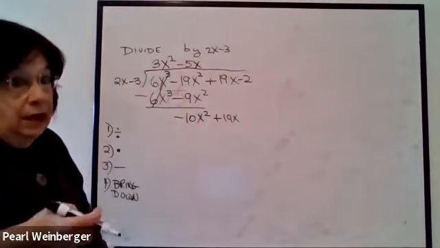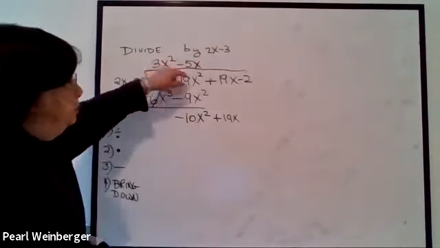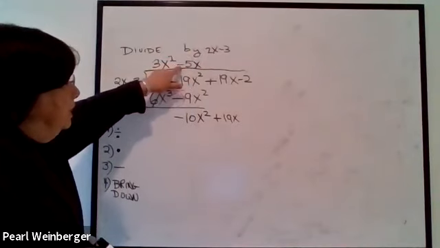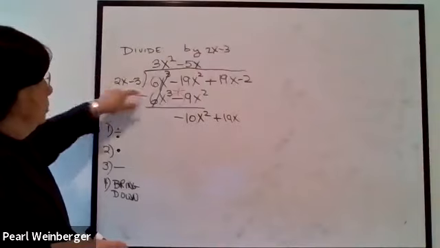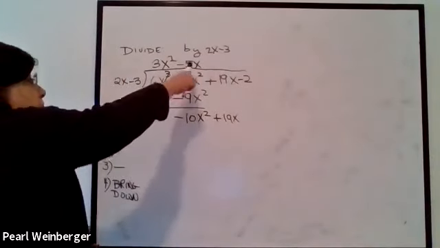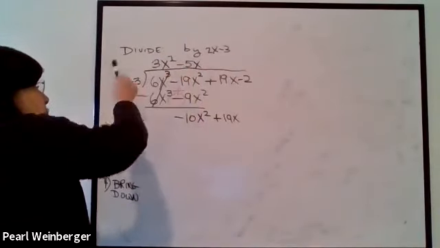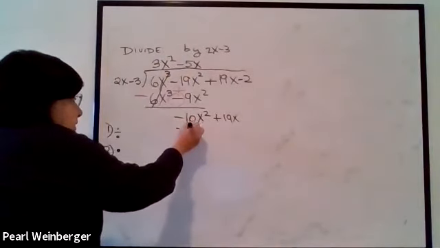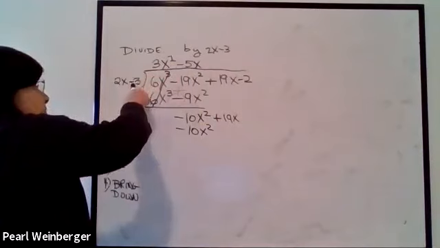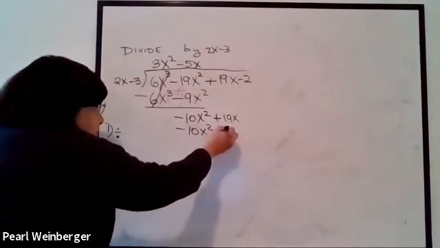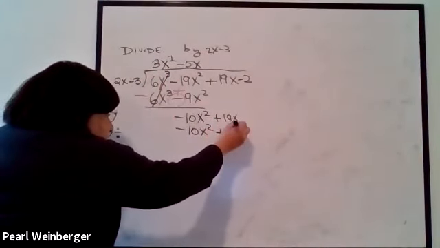I now take what I have just put there, including the sign, the negative 5x, and multiply it by the 2x minus 3. So I have negative 5x times 2x is negative 10x squared. And negative 5x times negative 3 is positive 15x.